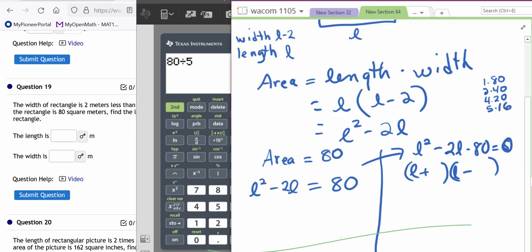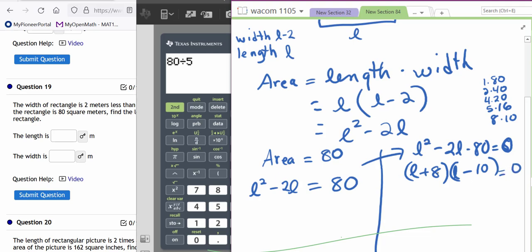We're getting closer. It's going to be 8 and 10. You could try 6, which is not going to work because we have no 3. 7 you could try, and then we would get to 8 and 10. So 8 and 10 is going to work. You want a minus 2L, so your 10 needs to go there, and your 8 needs to go here.